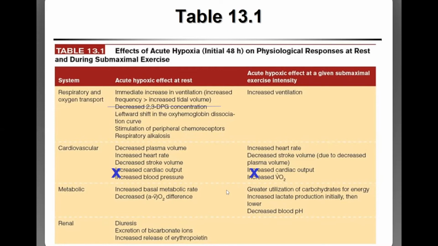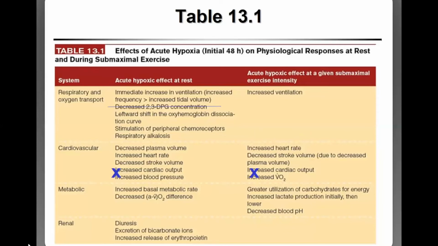So as a result of a decreased oxygen delivery, we're going to rely more heavily on carbohydrates for energy. And then the lactate paradox states that lactic acid increases, but it eventually starts to decrease over time at altitude.